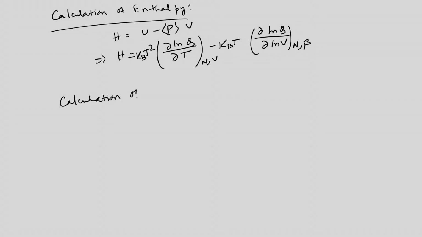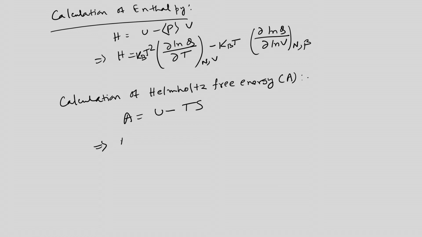And we can calculate the Helmholtz free energy. A is nothing but U minus TS, and we substitute all the values here. So, U we can keep intact here.